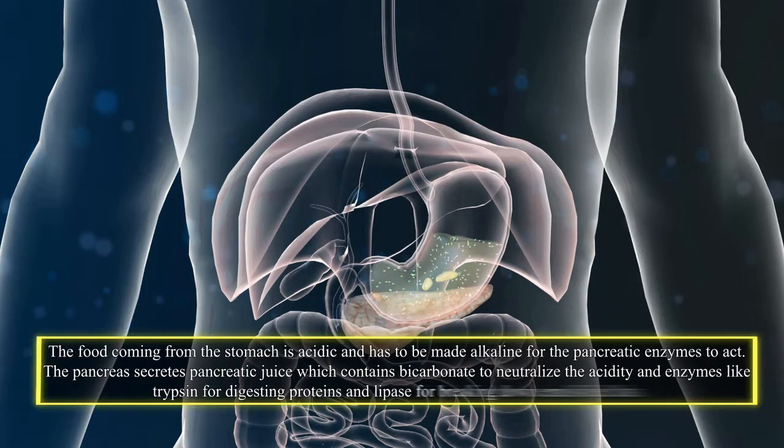Pancreas. The food coming from the stomach is acidic and has to be made alkaline for the pancreatic enzymes to act. The pancreas secretes pancreatic juice, which contains bicarbonate to neutralize the acidity, and enzymes like trypsin for digesting proteins and lipase for breaking down emulsified fats.